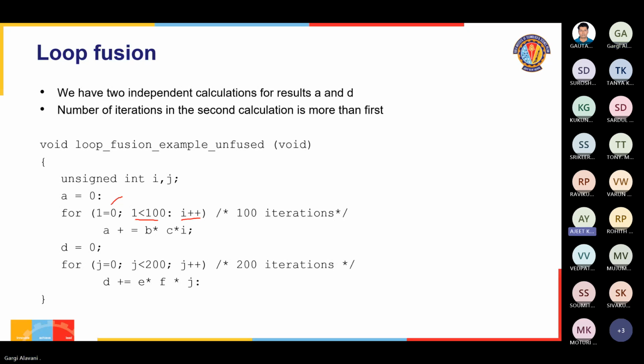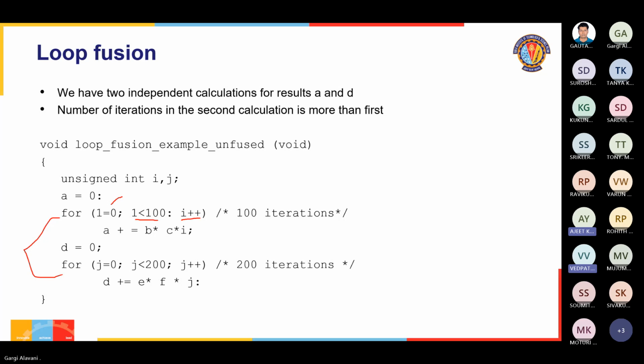These are the two blocks, but can you fuse them? Is it possible to fuse these two for loops so that we avoid a lot of branching? Calculation of A and D are independent, as you rightly said.